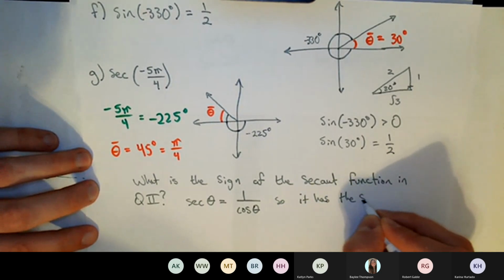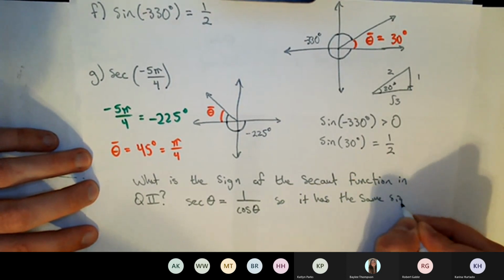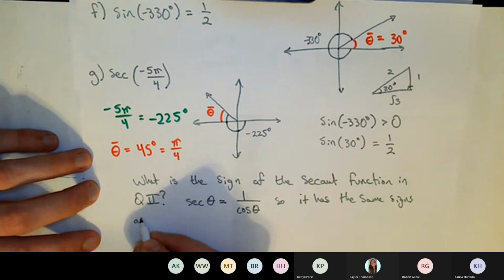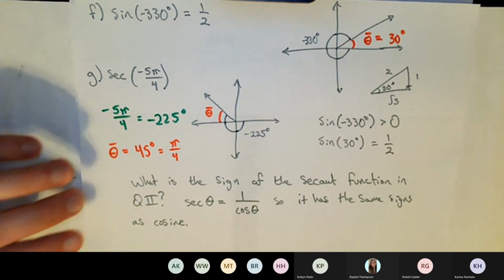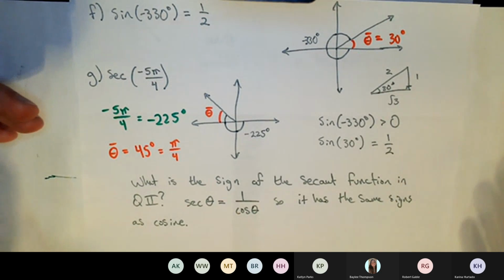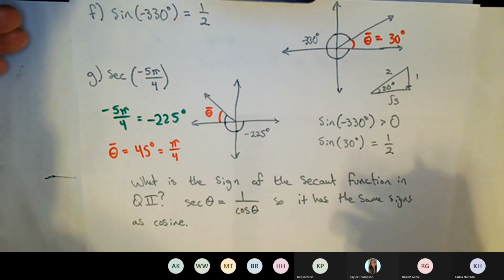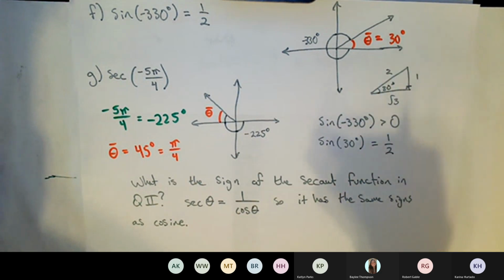Cosine is controlled by the x values, right? Cosine is x over radius, or adjacent over hypotenuse.